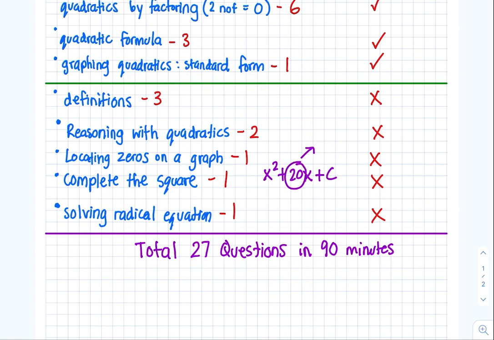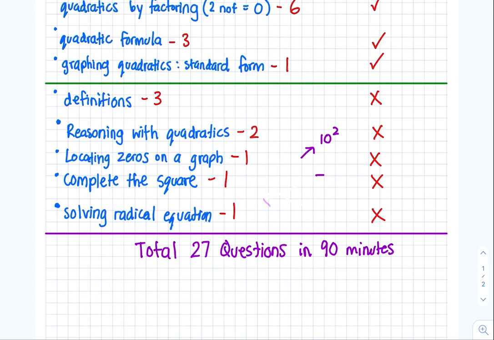If you half it, it would be 10, but then in your mind, you have to square it as well. So half it and then square it. Half of 20 is 10, and 10 to the second would be 100. So to complete the square would be 100.